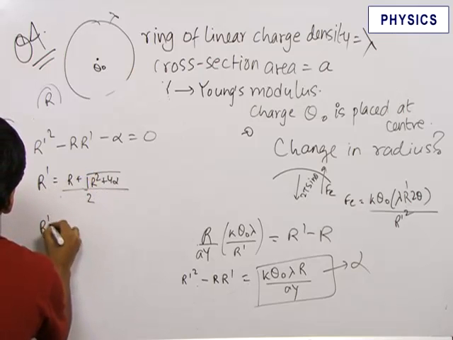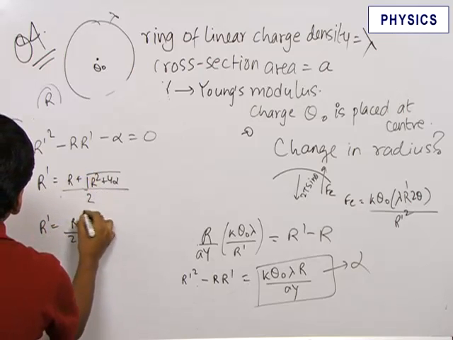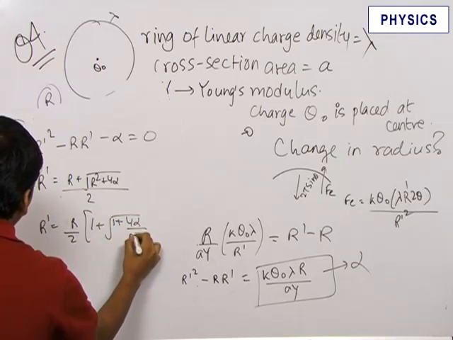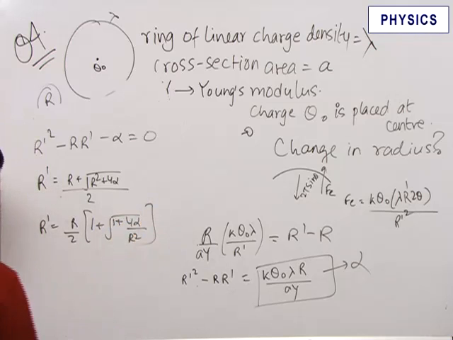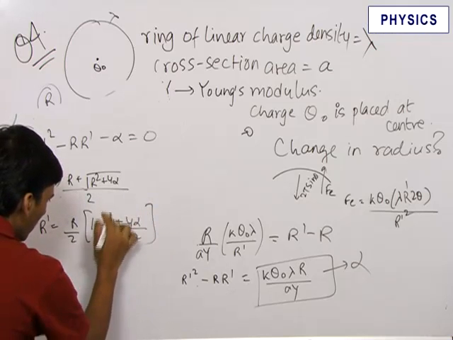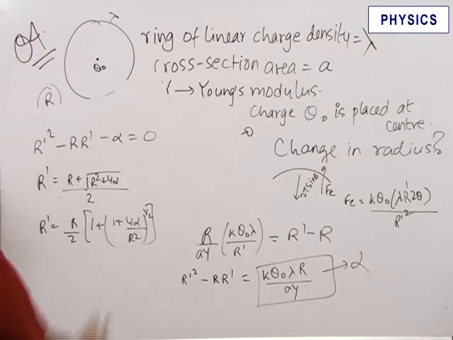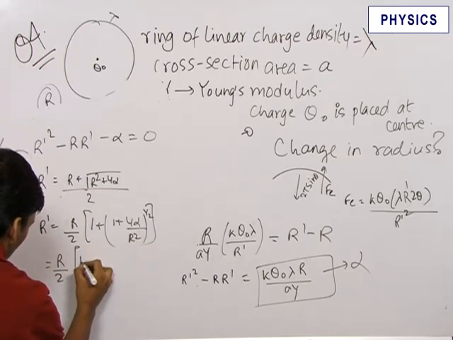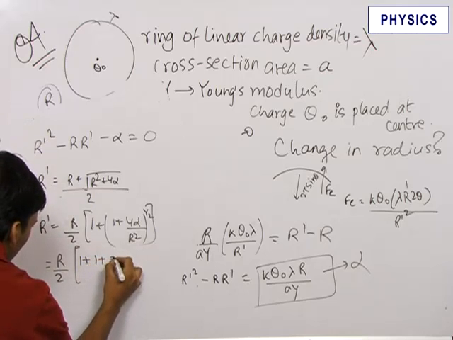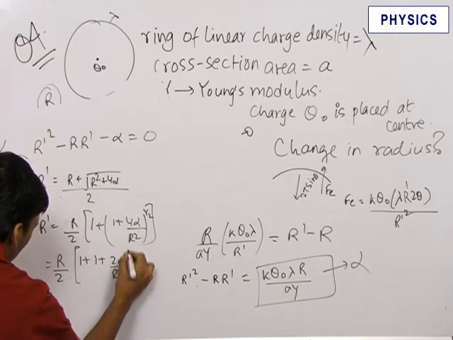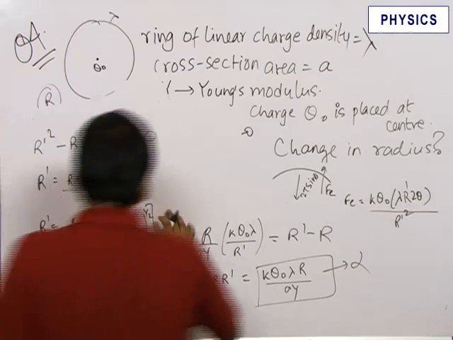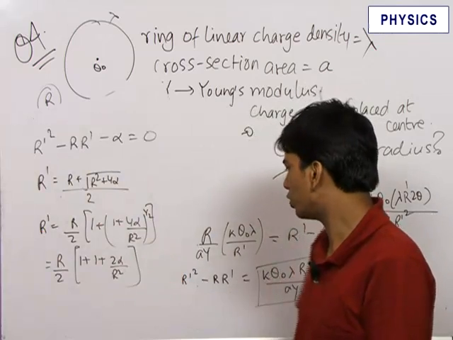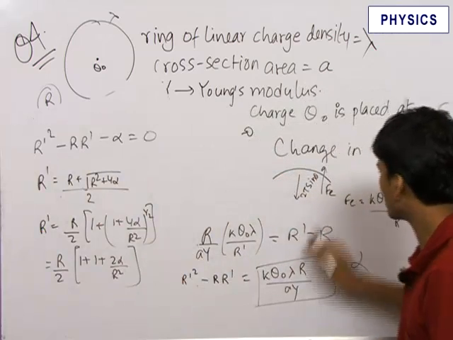This can be written as r dash is equal to r upon 2 into 1 plus root over 1 plus 4 alpha upon r square. Now, this is 1 plus 4 alpha upon r square to the power 1 by 2. Using binomial expansion, we can write this as r by 2 into 1 plus 2 alpha upon r square. We remove the higher degree terms because their value will be negligible, since the value of alpha is very small.